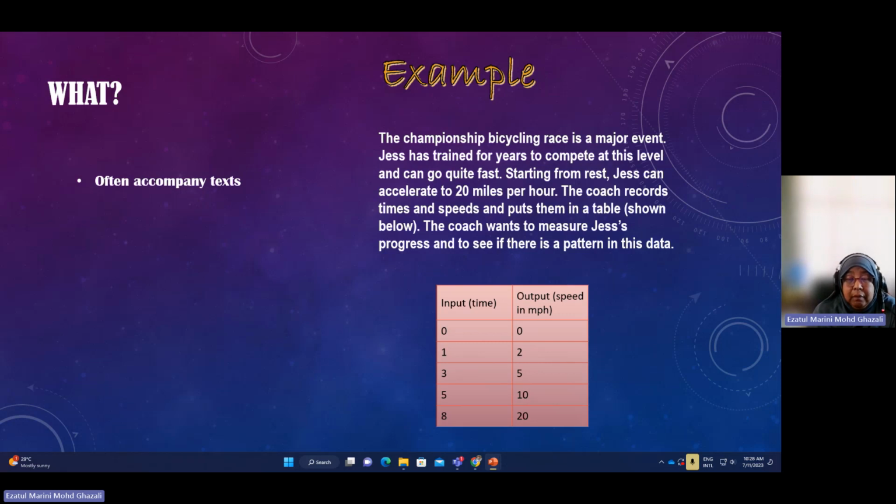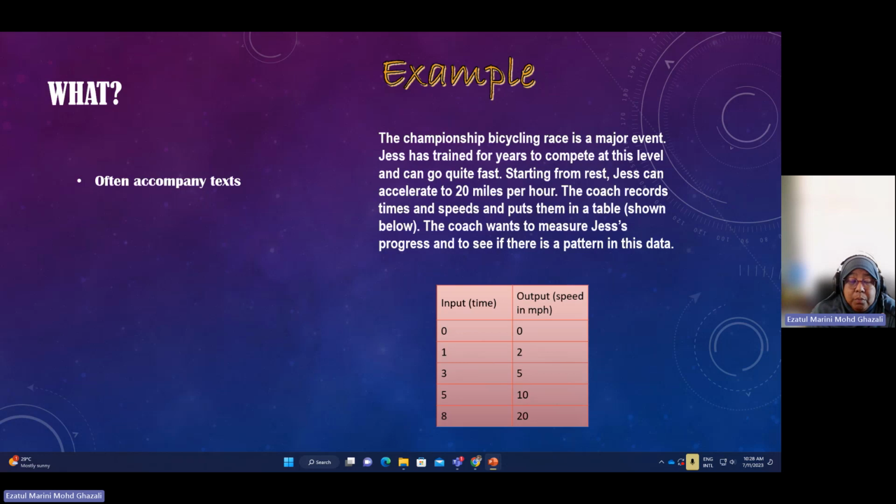For example, the paragraph says: the championship bicycling race is a major event. Jazz has trained for years to compete at this level and can go quite fast. Starting from rest, Jazz can accelerate to 20 miles per hour. The coach records times and speeds and puts them in a table, which is attached to the paragraph.